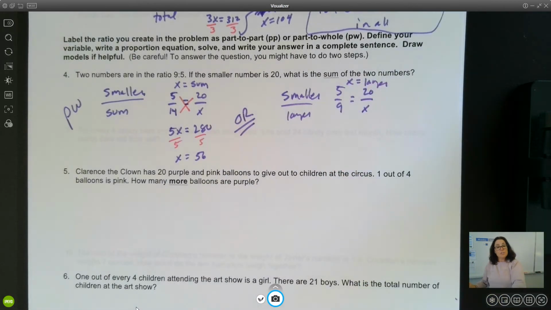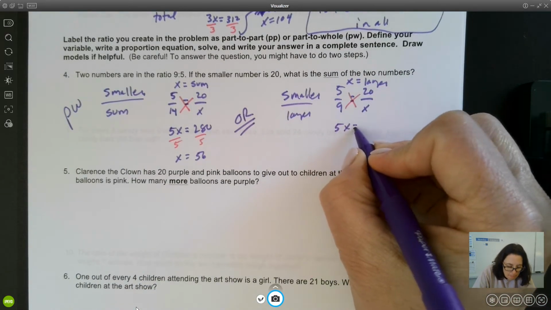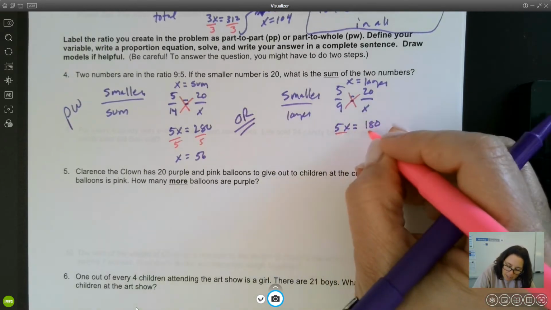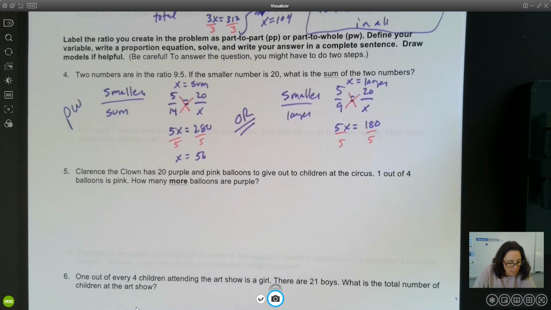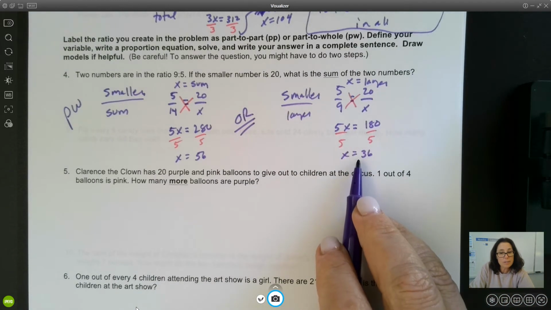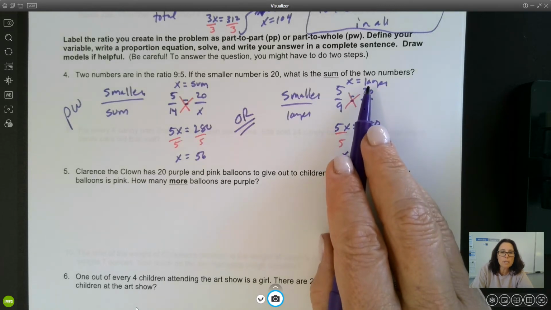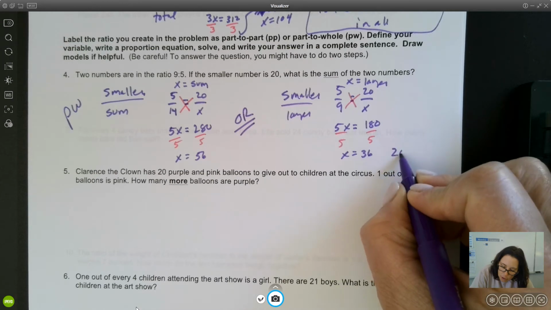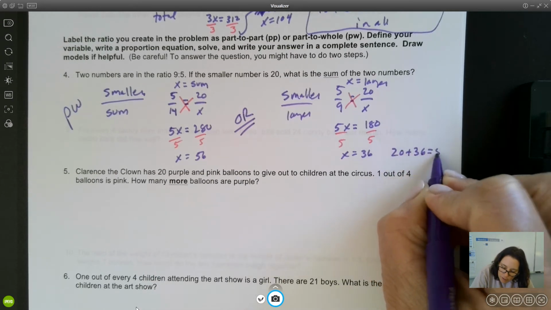So when we get our answer, we're going to have to do something with it. Okay, so when I cross multiply, I get 5x equal 180. When I divide by 5, I get 36. Okay, now that's not the answer. That is the larger number. We have to add it to the smaller number. 20 plus 36 is 56.